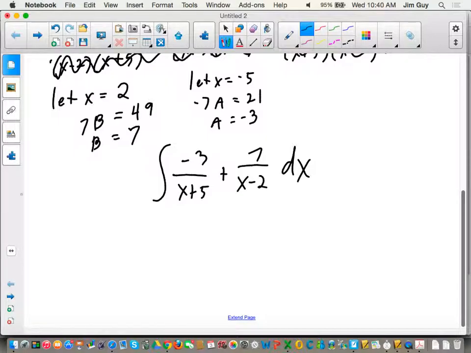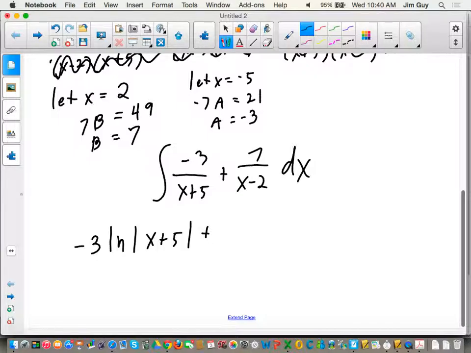Negative 3 is just a little brother. So in our head, we can recognize this would be negative 3 times, in the 1 over u, that's going to be the ln of u, the integral of that. So it would be the ln of the absolute value of x plus 5. And again, if there was a number here, you'd have to divide by that. You get natural log for a lot of these problems. A lot of them.